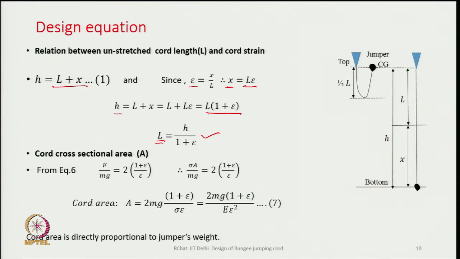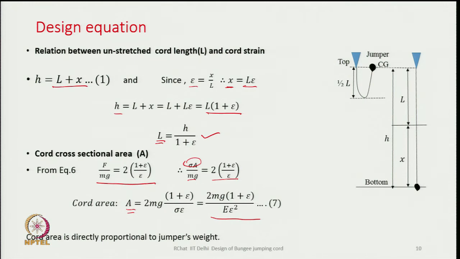and chord cross sectional area we have already seen equation 6, which looks like this. From there we have seen what is F, force is equal to stress into area. So, stress into area divided by mg is going to be this one, just substitute the value of force, and from there if we write what is my chord area A, we can write this, and we end up with this equation that A is equal to 2 mg 1 plus epsilon by capital E epsilon square.